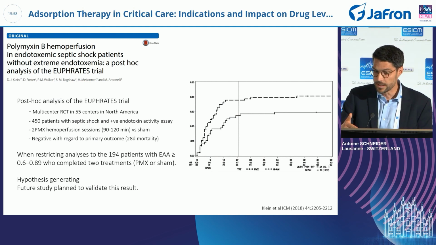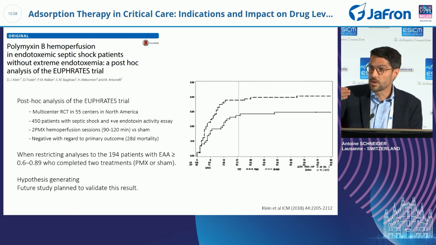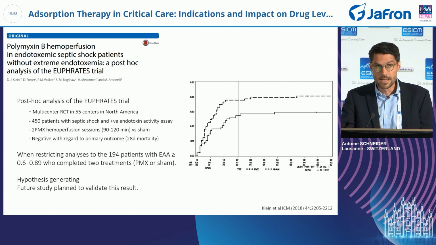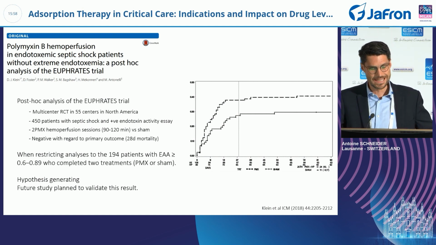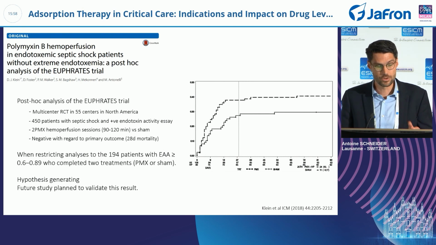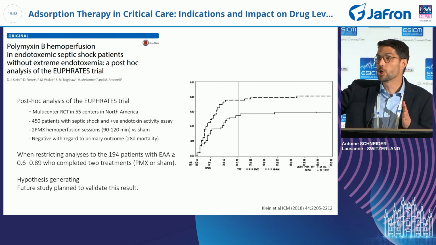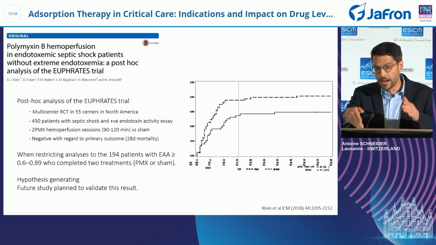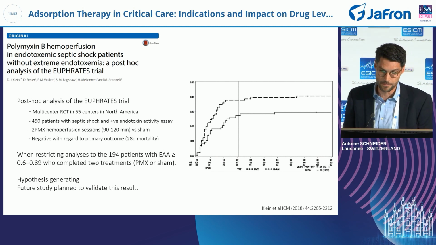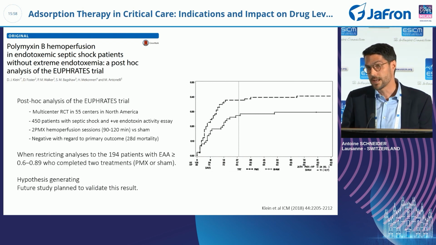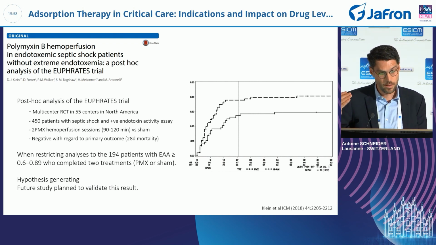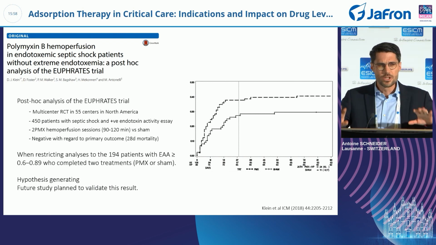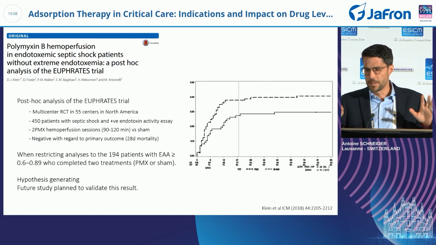And they did this secondary analysis that was published a few years after, where they only focused on those patients that had an elevated endotoxin activity assay, but not too high, so 0.6 to 0.9 essentially. And in this range, as shown on the figure on the right, there was a statistically significant improvement of mortality. So it's not to say that this is evidence-based, of course.